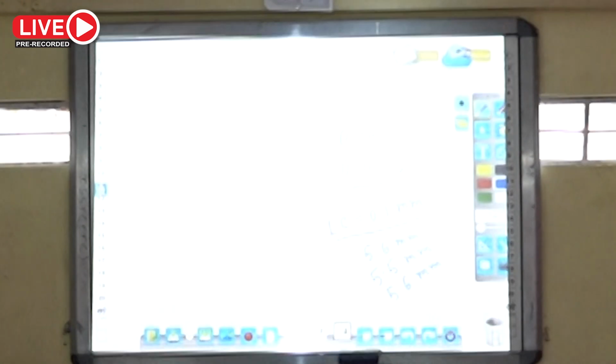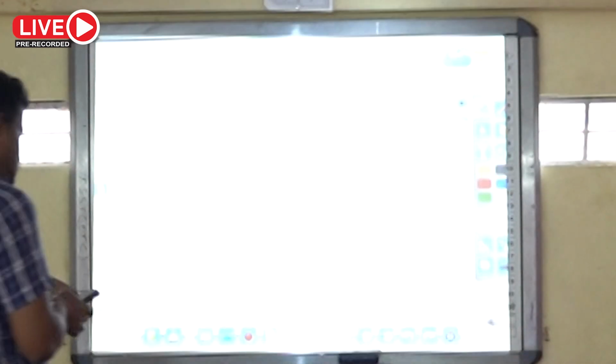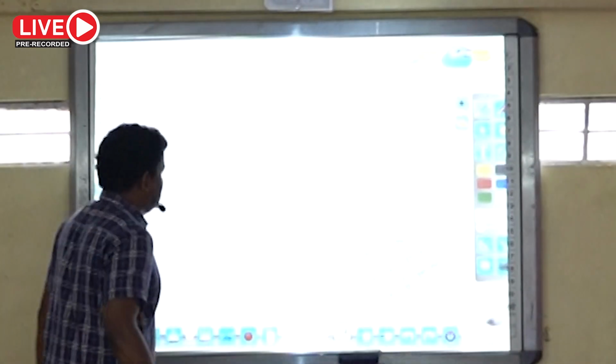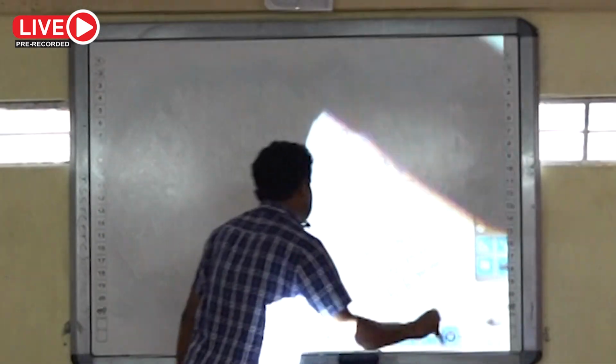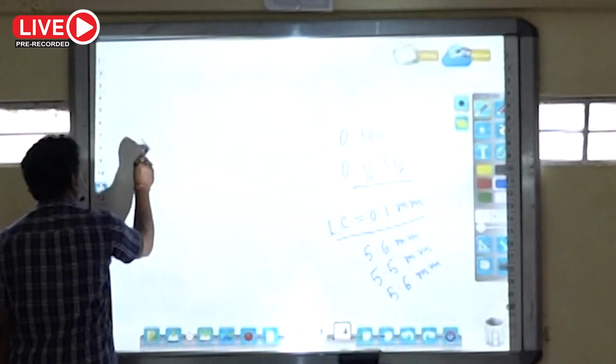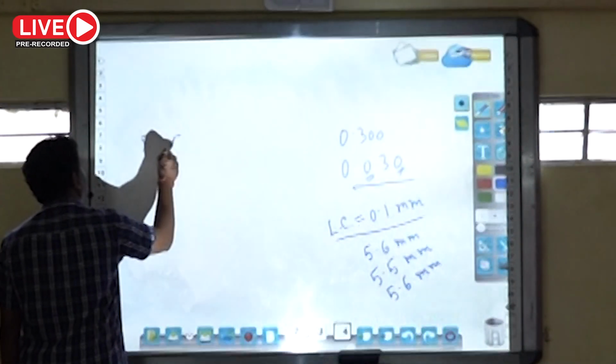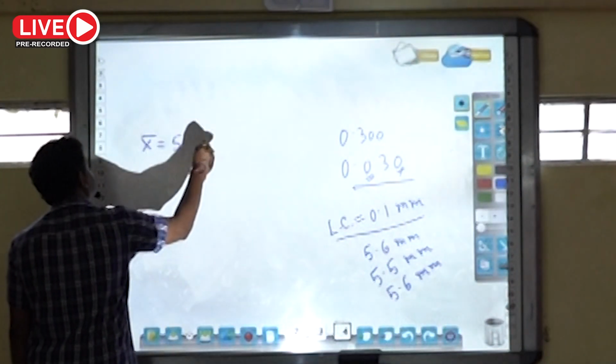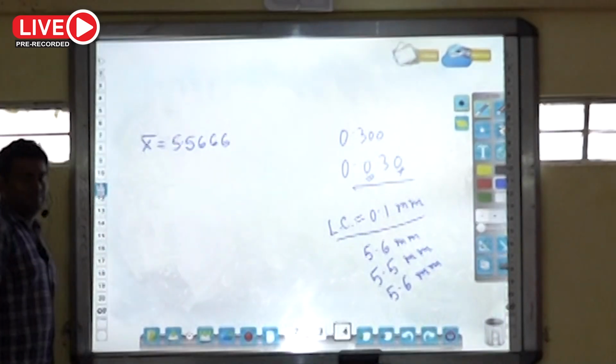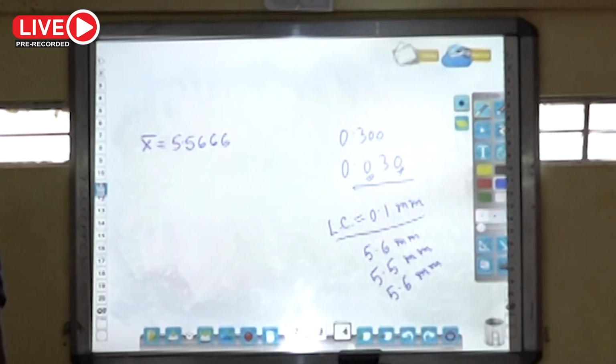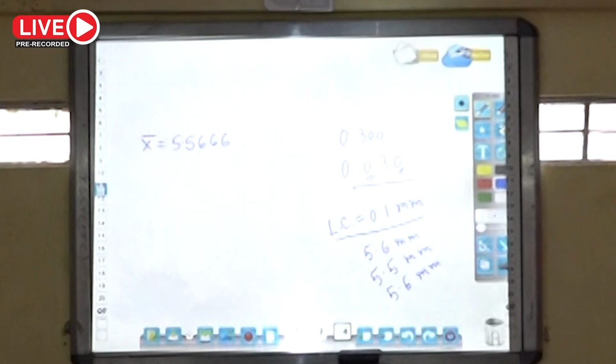Then they divide by 3 and they write like this: average is 5.566, as many 6s as I can write. They start to write like that.